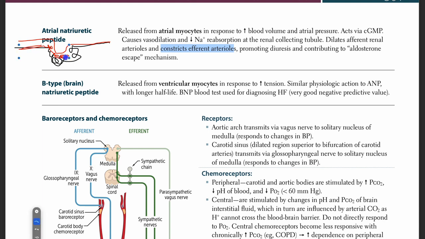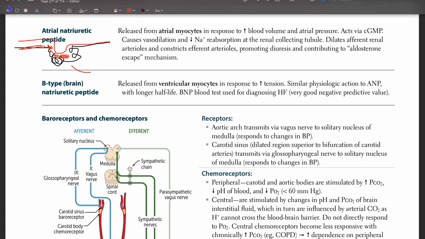And it's going to create a pressure, and this pressure is going to push this blood into the tubules. Filter, not blood, but like water is going to get filtered and all that stuff. Because wherever Na goes, water goes with it, and that's how this ANP reduces blood volume, right?